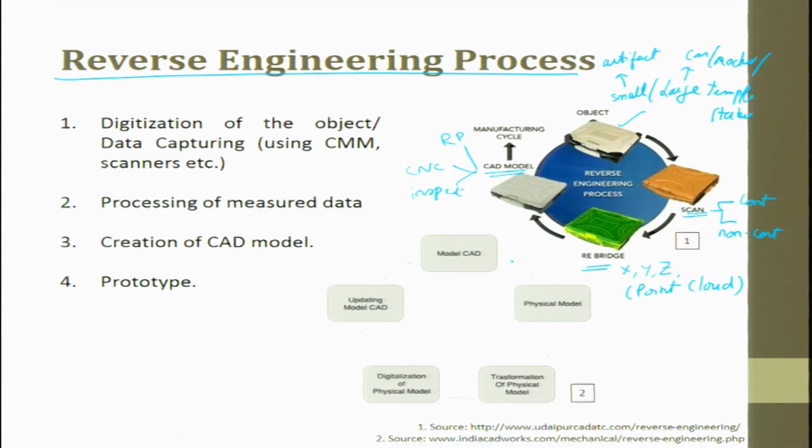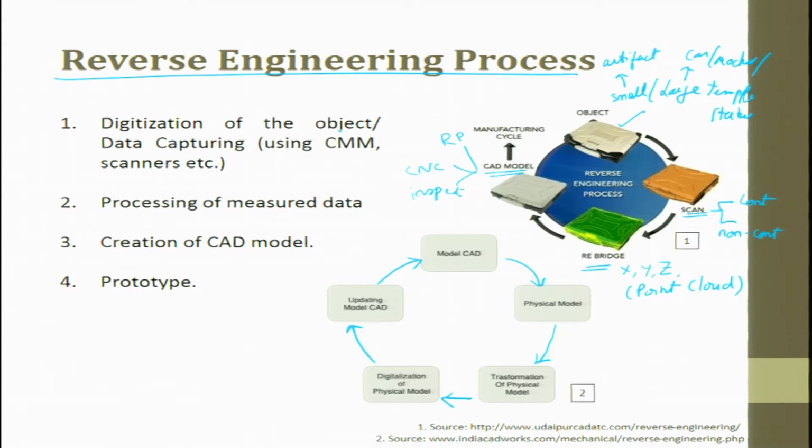If you look at it, it goes like this: a physical model, transformation of the physical model, then you digitize the physical model, then you develop a CAD model, and then this is brought back to the physical model. So, this is a cycle which goes around.